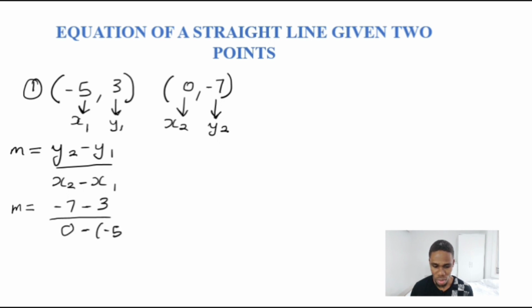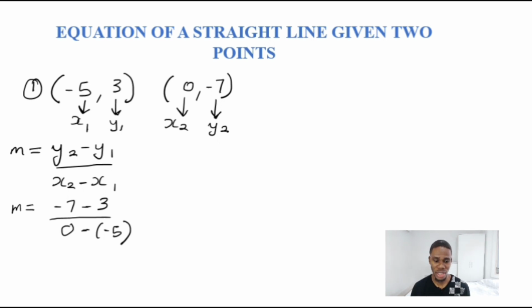Now always take note, when you encounter something like 0 minus -5, you may be tempted to make it 0 minus 5 and ignore the negative sign before the 5. This is very important because it influences your answer greatly. 0 minus 5 gives you -5. However, 0 minus -5 gives you +5.